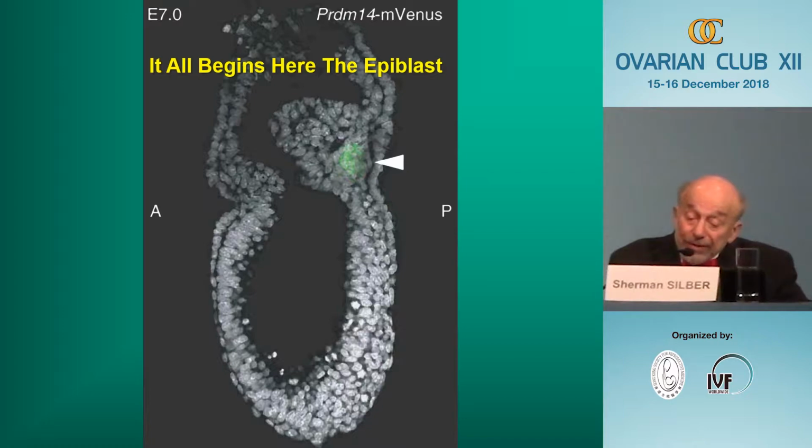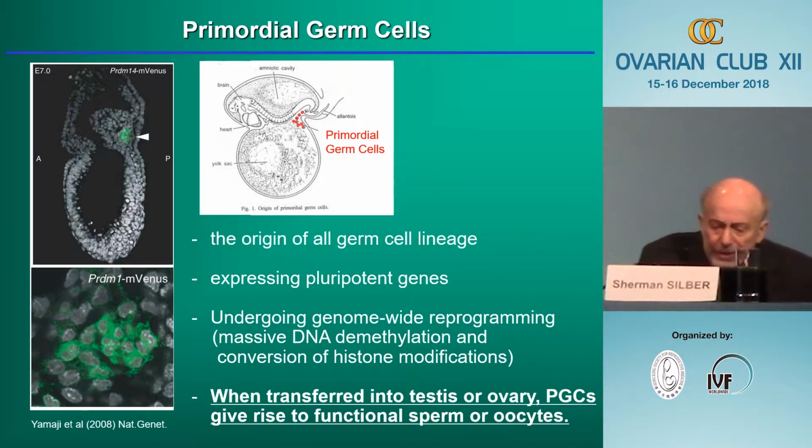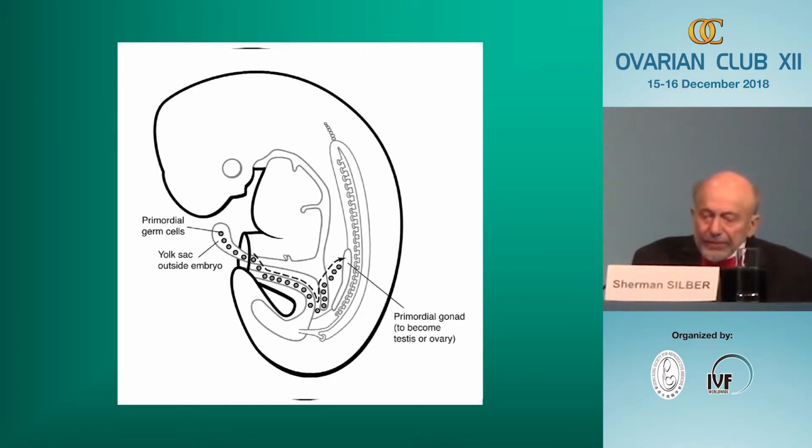But it is correct, I've been told, to actually say these, in fact, are germ cells at this stage. And that's the origin of them, but they are expressing pluripotent genes, and they have to differentiate finally into PGCs, which they do before they enter the gonad. And that's a simple diagram of how they go through this migration up to the dorsal ridge, and that's when they meet the gonad, whether testes or ovary.